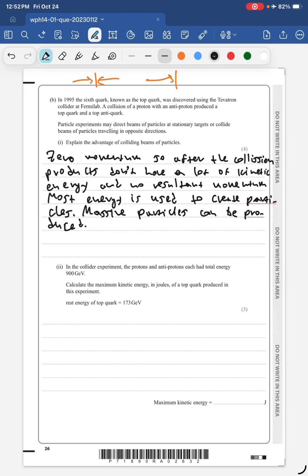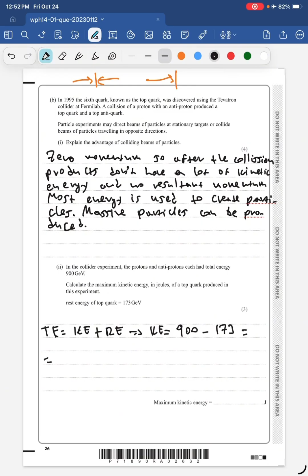So the total energy is equal to the kinetic energy plus the rest energy. So the kinetic energy is equal to 900 GeV, which is the total energy, minus 173, which is the rest energy.